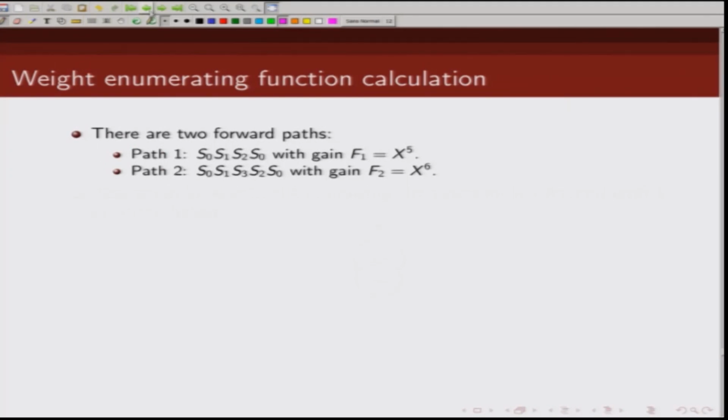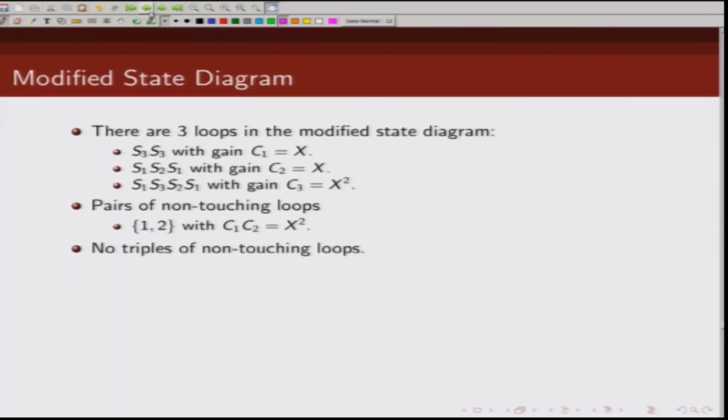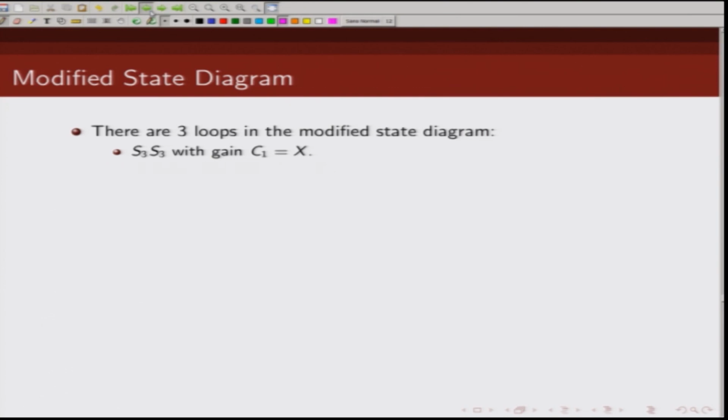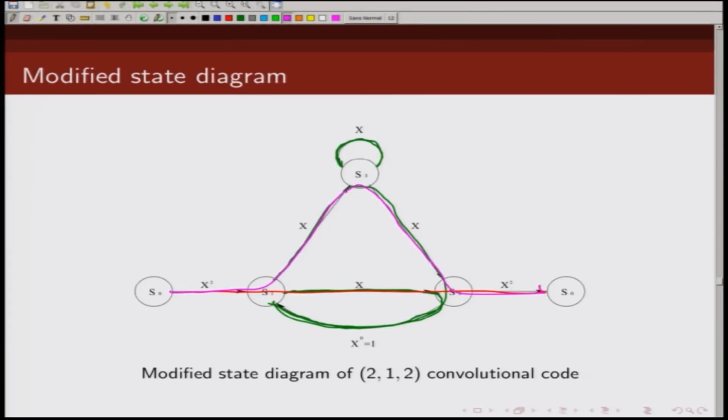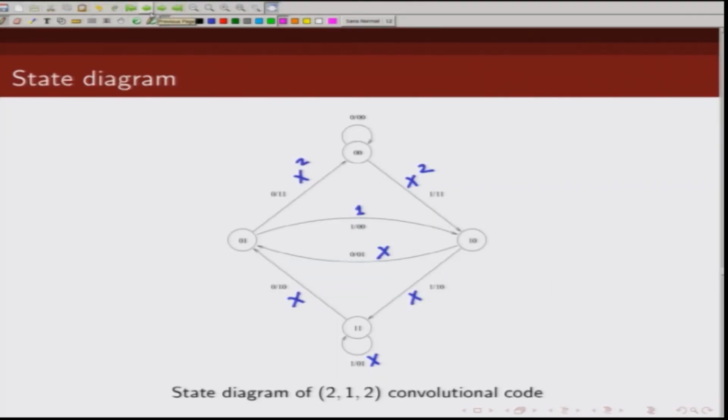So, let us just go back to the original state diagram. So, you can see for this transition from 01 to 00, what is the weight of the information sequence? That is 0. So, Y^0, that is basically 1. What about this? The weight of the information sequence, here the input is 1.